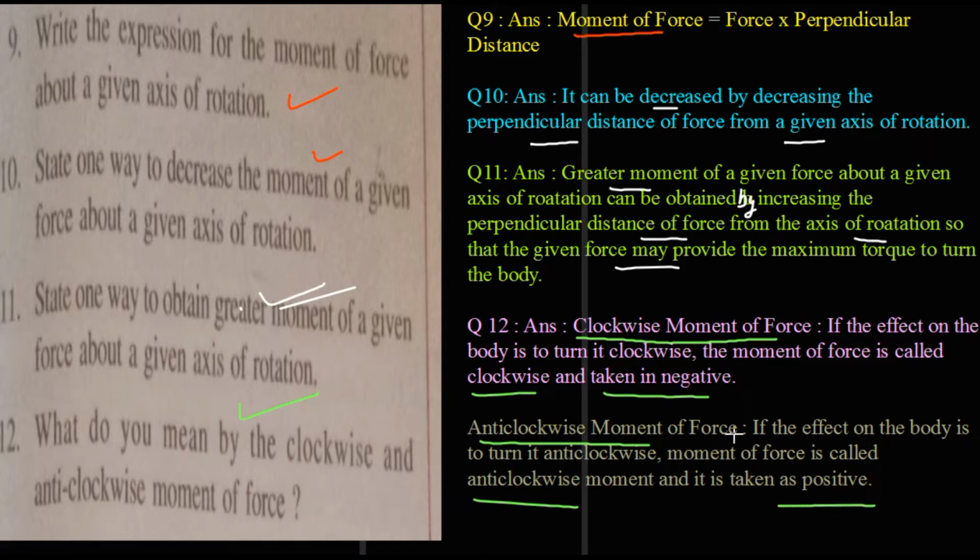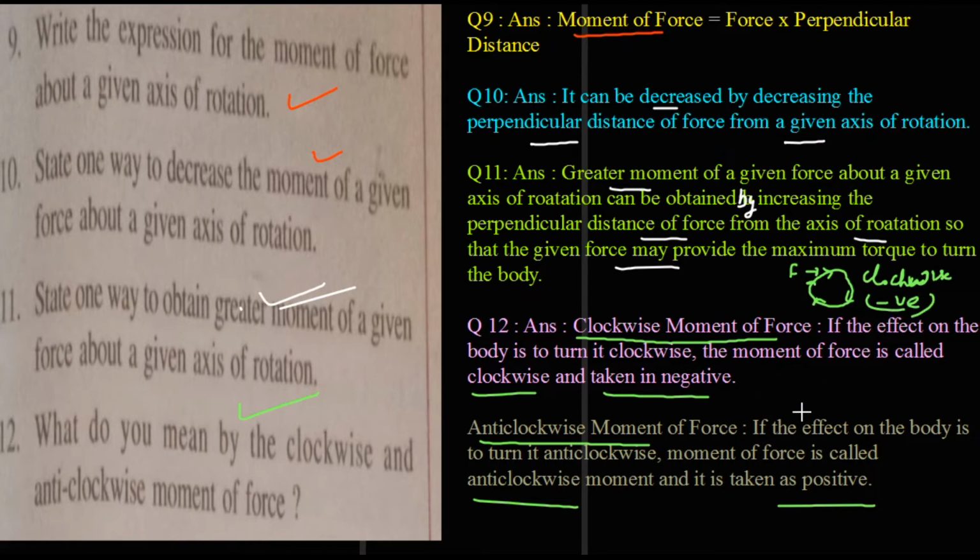So for clockwise movement, we can see this figure. Like this, suppose we apply force F here, then the body will turn like this, like this. So it is clockwise moment of force, and it is always negative.